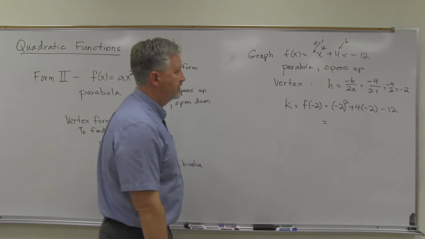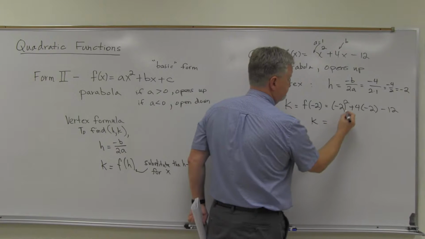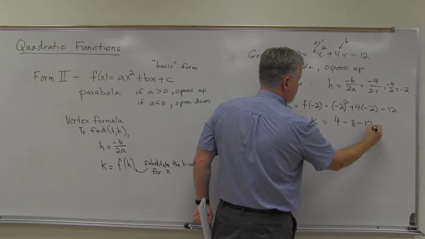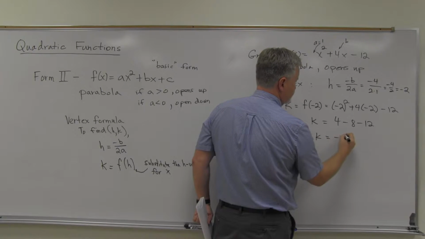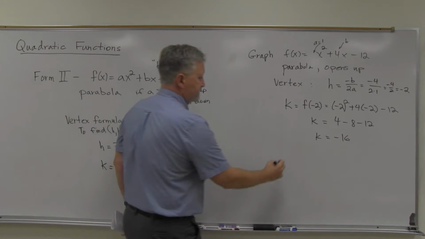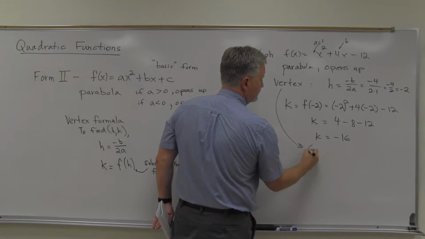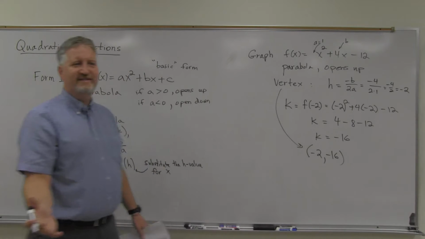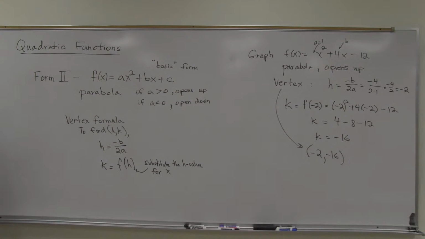Compute that, and that'll be our k. 4 minus 8 minus 12. So it looks like k is negative 16. So my vertex is h is negative 2, k is negative 16. So it's a little more work, obviously, than the vertex form, but it's just how this one is.